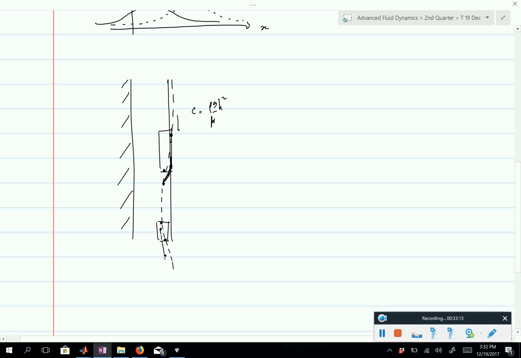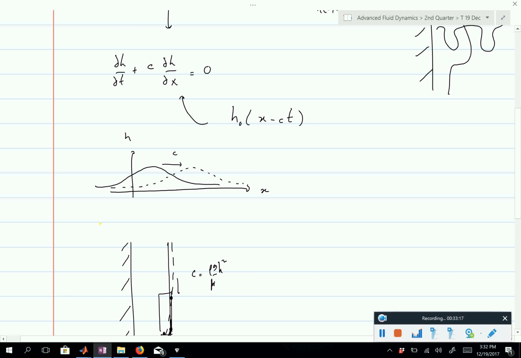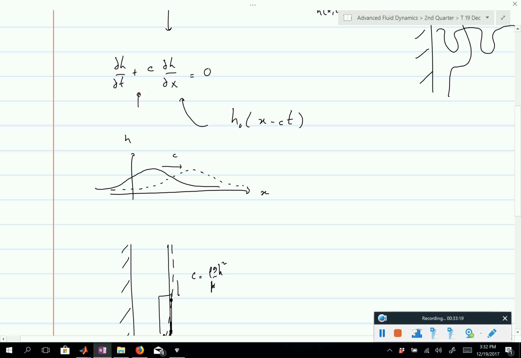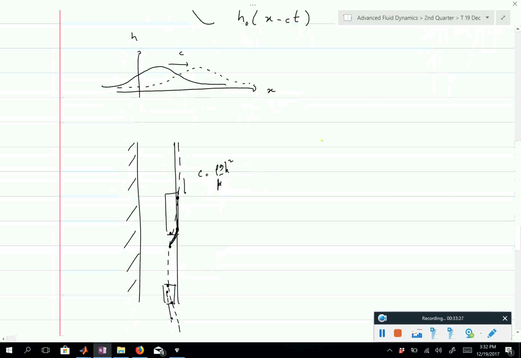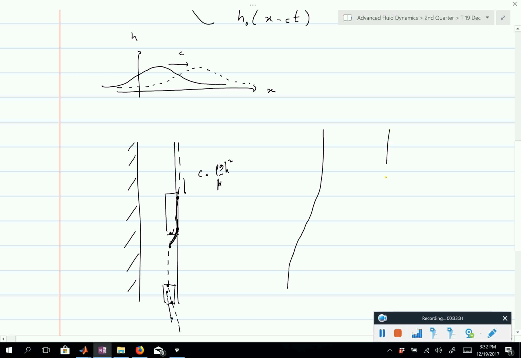Do you see that? This is because this equation, in mathematical terms, is a hyperbolic equation, and what we're discussing is the phenomenon of shocks. Your interface, which initially is like that, is going to become steeper and steeper until you have a discontinuity, because this point is going to move faster than that point.